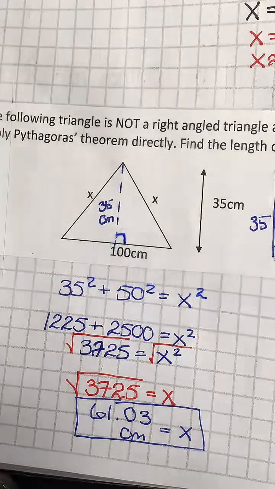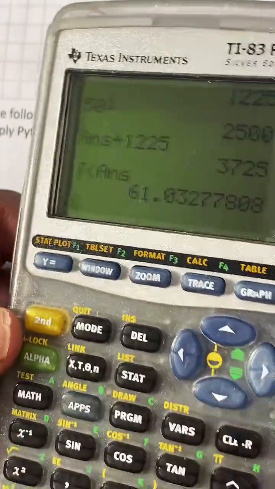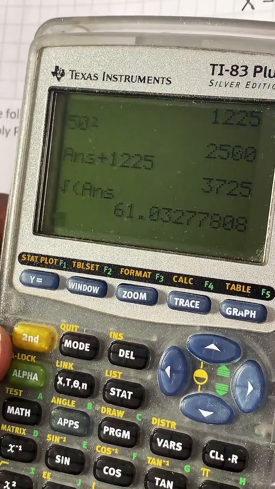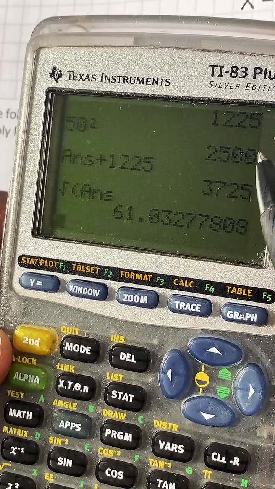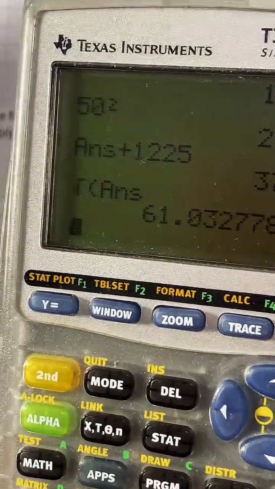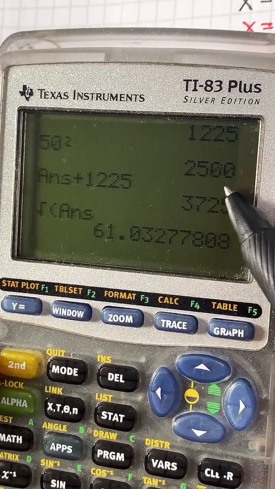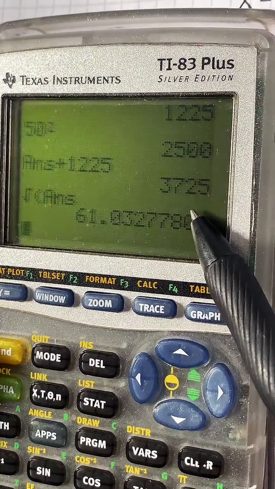Dangerous time. Okay, how did I get the 61? Handy dandy calculator, darling. So we took our 1,225, which was the 35 squared, and then we took our 50 squared, which is our 2,500. Add those two together, and we get our 3,725.